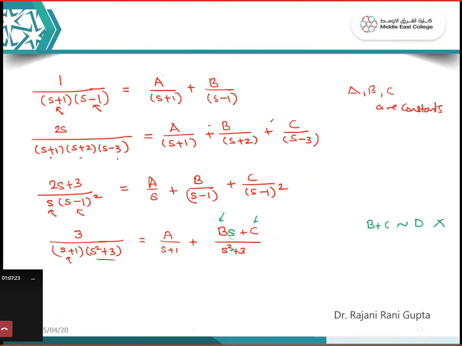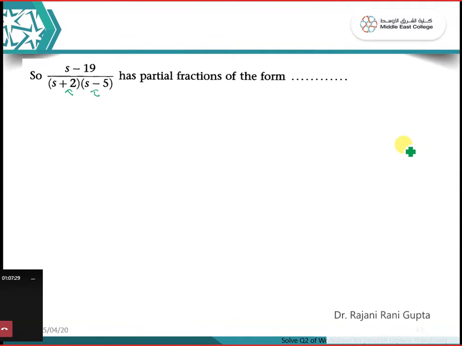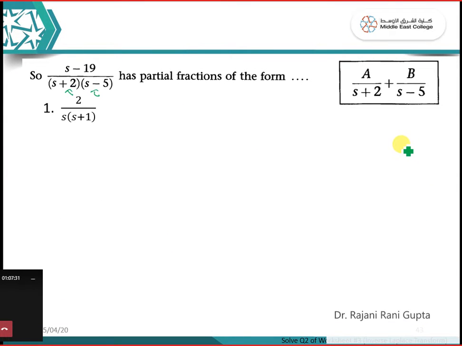What we did is we used this rule, this one, the third term. What about this one? 2 over s into (s plus 1).